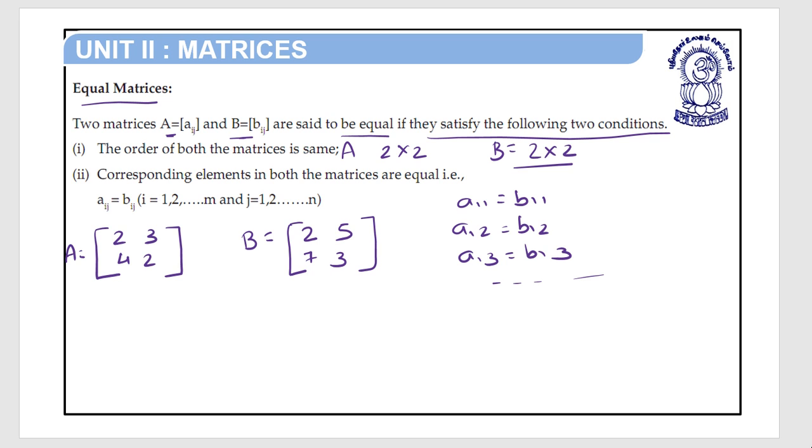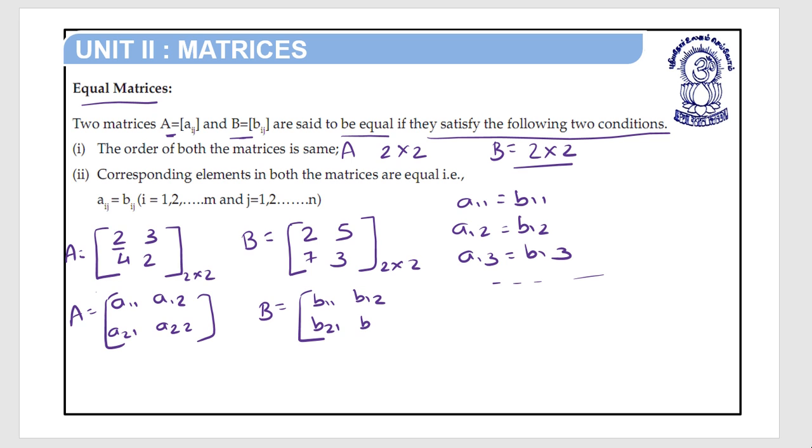Here A is equal to A11 A12, A21 A22, a 2 by 2 matrix, and B is also a 2 by 2 matrix, B11 B12, B21 B22.